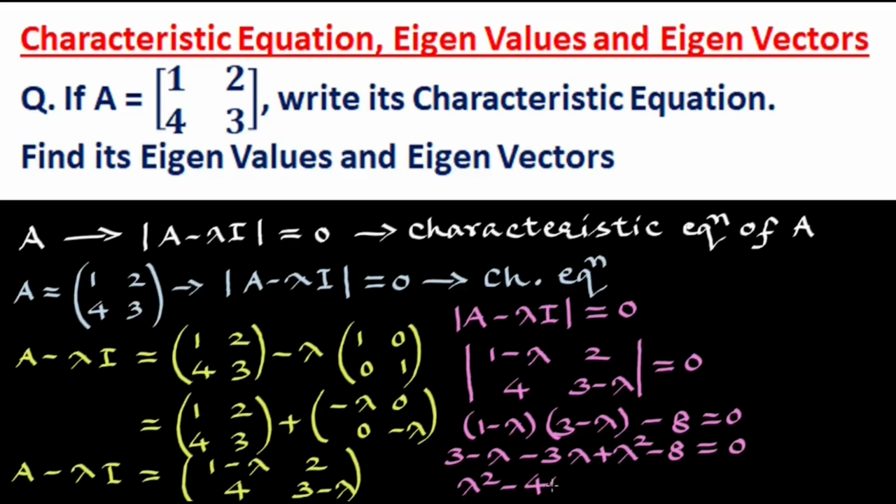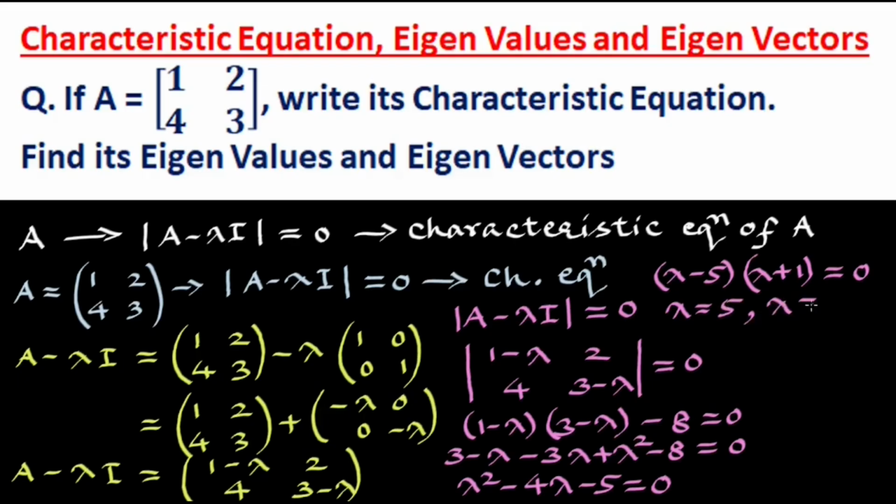Lambda square minus 4 lambda minus 5 equals 0. (Lambda minus 5) into (lambda plus 1) equals 0. Lambda equals 5 and lambda equals minus 1.